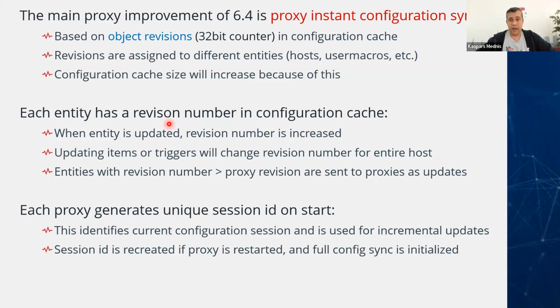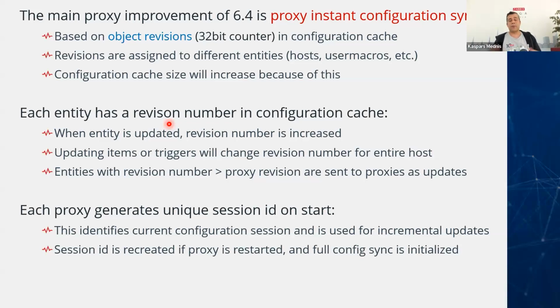So in 6.4, every proxy has a configuration revision, which is stored in a config cache. Every host and macro has a revision number. Every time you change something in a host configuration, the host configuration revision increases, let's say, by 1, right?